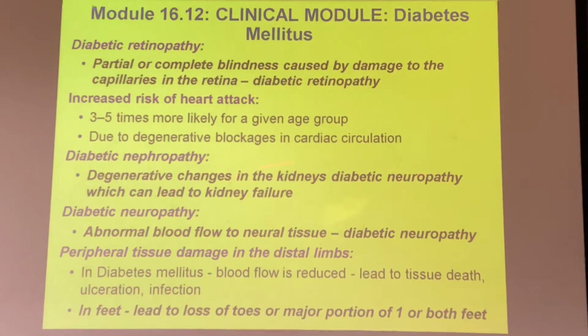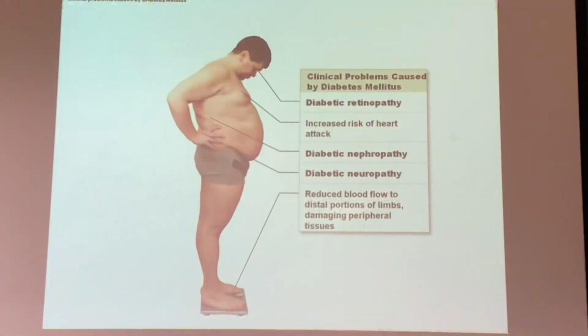Diabetic neuropathy, where neuro means the nervous system, involves abnormal blood flow to the nervous system, and it can also cause peripheral tissue damage in the limbs, usually in the feet. It can lead to the loss of toes or a major portion of the foot. So this is the eye, increased heart attack, then diabetic nephropathy means the kidneys are not working, and neuropathy, the nervous system.